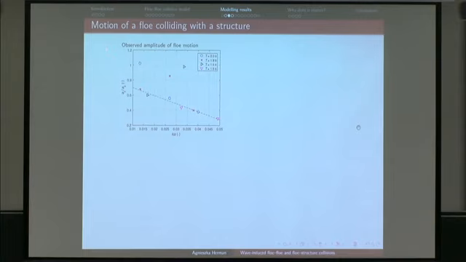We have the ka, so wave steepness, on the horizontal axis, and the vertical axis shows the ratio of the amplitude of motion of that floe that was closest to the structure. It's the ratio of the horizontal to vertical amplitude measured at the floe.